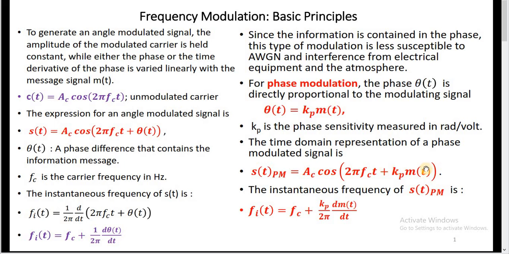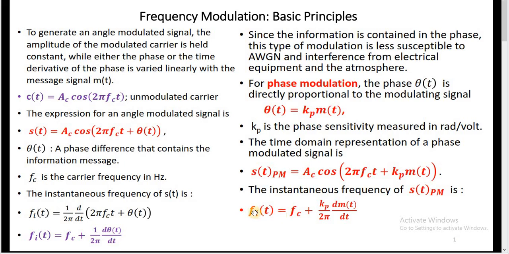Now, to complete the picture for the phase modulated signal, the instantaneous frequency fi of t can be computed from this fundamental equation. fi of t equal fc plus 1 over 2 pi d theta by dt. So d theta by dt equal Kp dm of t by dt.